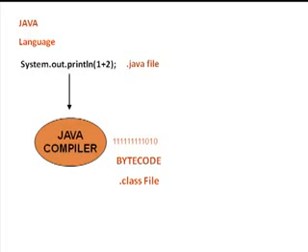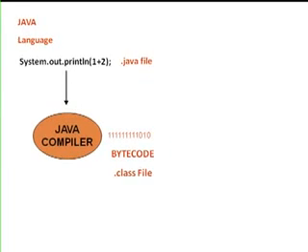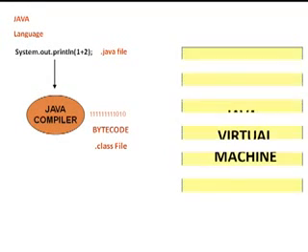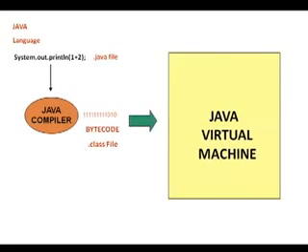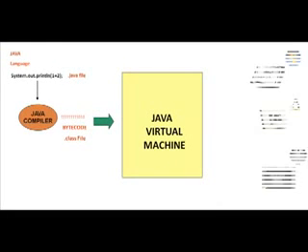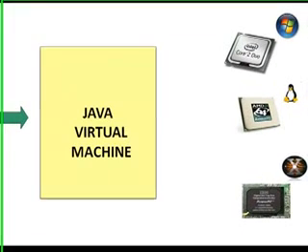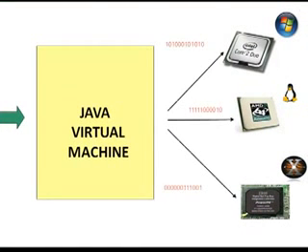This code is not understood by any platform, but only a virtual platform called the Java Virtual Machine. This virtual machine resides in the RAM of your operating system. When the virtual machine is fed with this bytecode, it identifies the platform it is working on, and converts the bytecode into the native machine code.